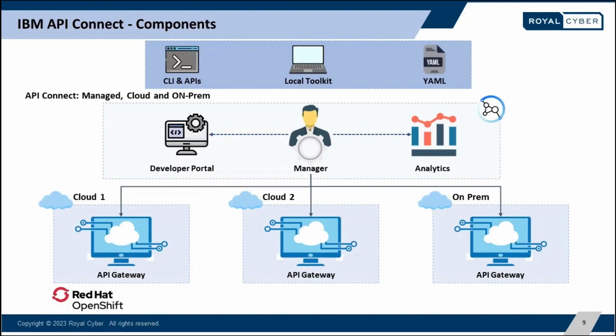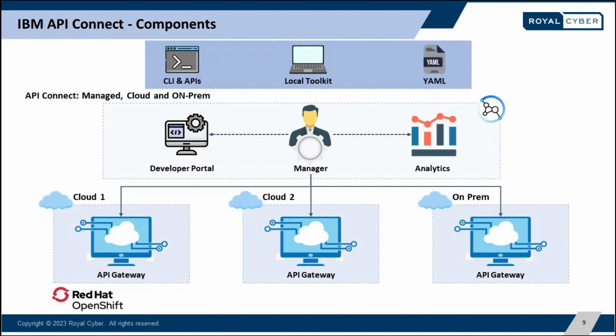Moving to the next slide, these are also the components. This is high level, what the components are, such as the command line interface and the local toolkit. Then there is the heavy use of YAML and XML files, and the developer portal. We have already explained why we use the developer portal to expose our APIs to external and internal developers.